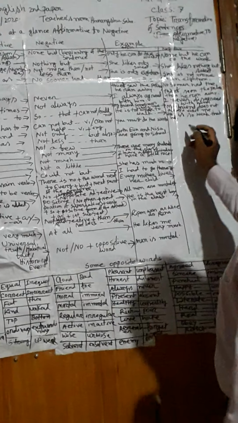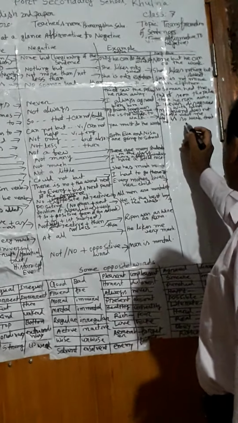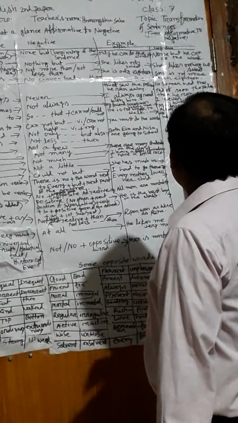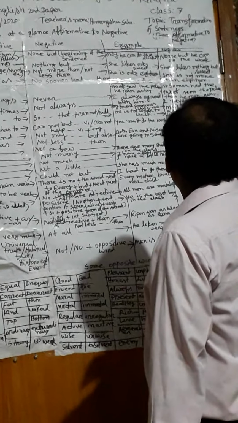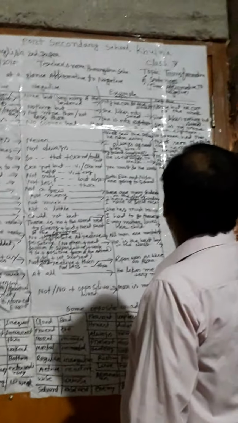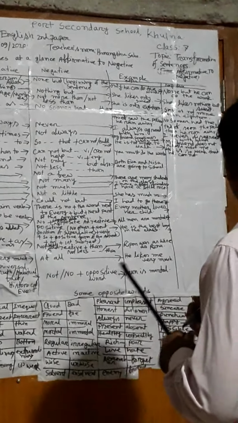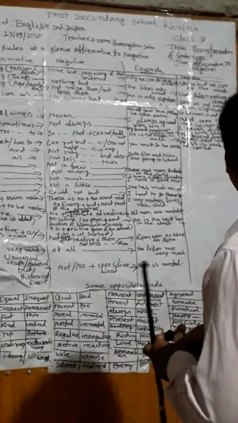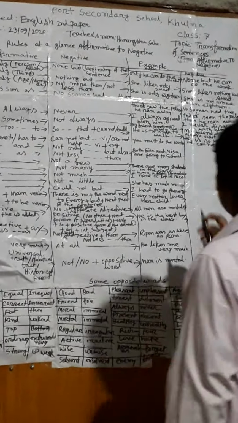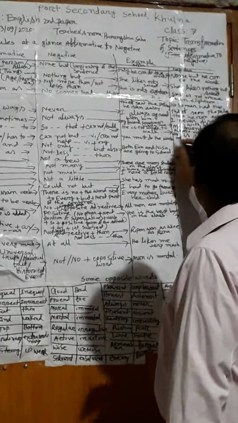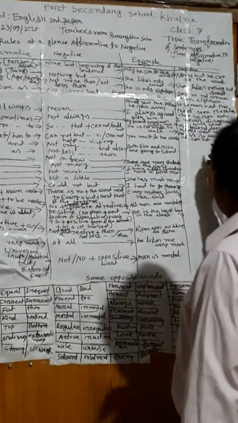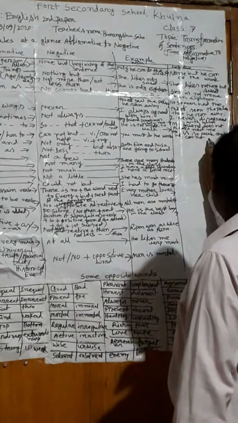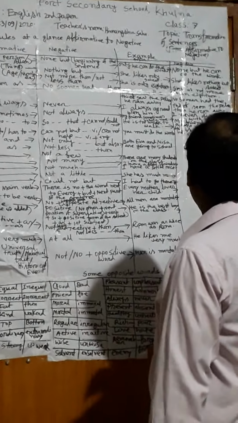Here this sentence represents present indefinite tense, so you have to use cannot. Then you have to use the word next to it, and you have to use only the verb here, V1, and that is walk.